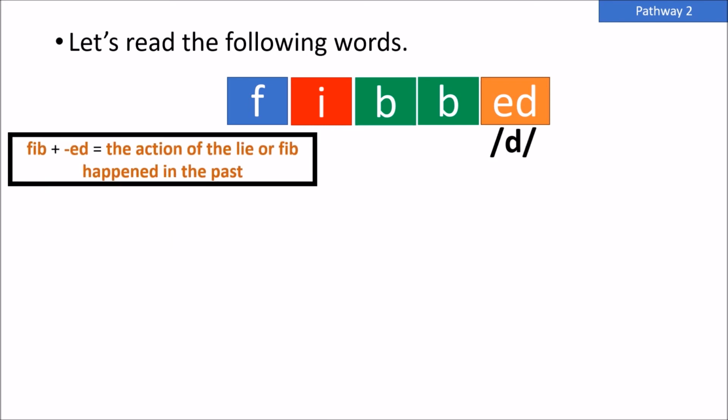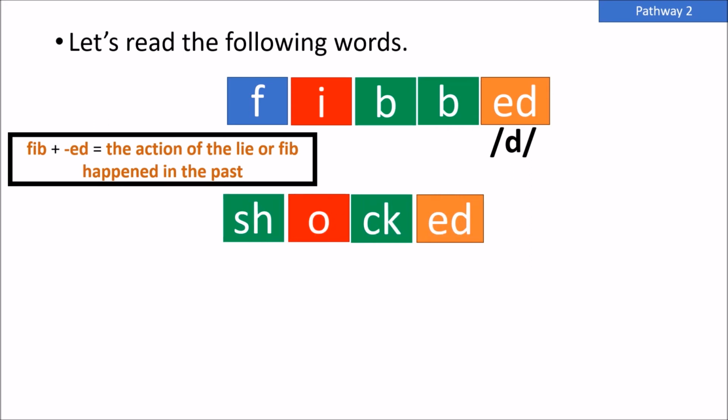Fib plus the suffix ed means the action of the lie or fib happened in the past. And when you said the word fibbed, you should have noticed that the ed suffix ending made the d sound because it's coming after that voiced consonant b. The next word is shocked.